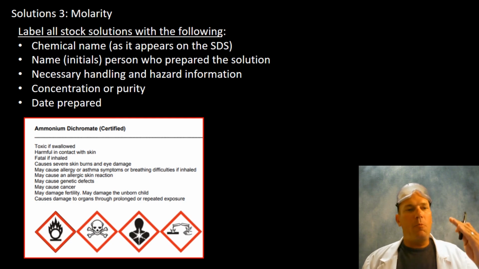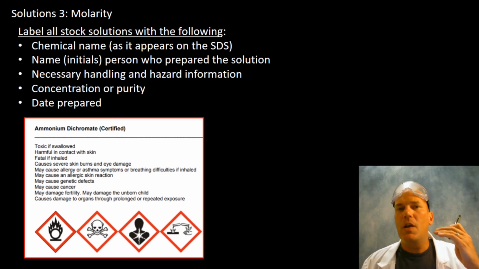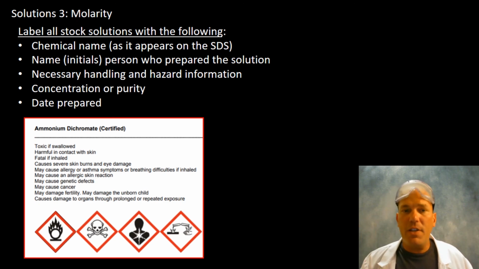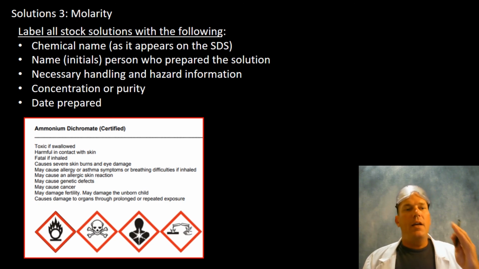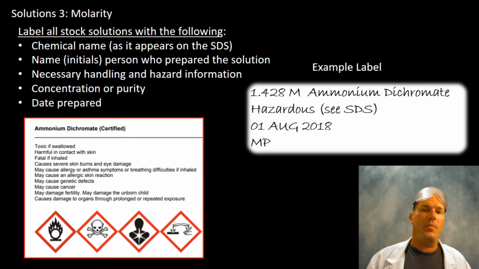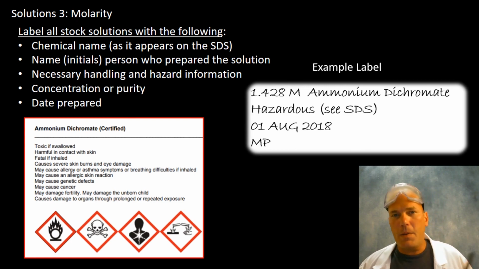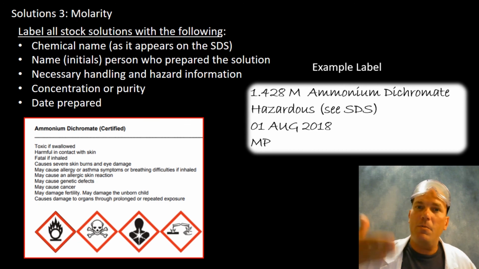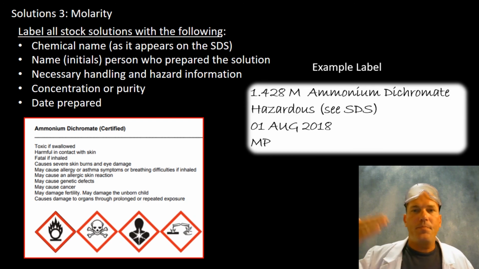All right? I want you to include the chemical name. I want you to include your name or your initials. That would be fine. How to handle it. For example, look at this label here. This is an example label for the ammonium dichromate. All right. And this corresponds with the problem we just worked out. Labeled with the concentration 1.428 molar ammonium dichromate.